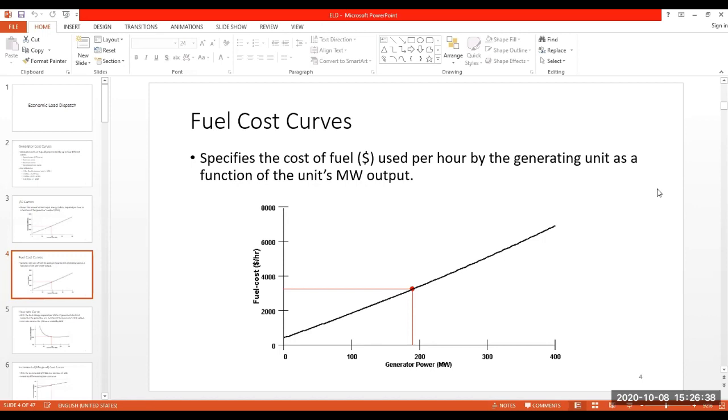So that means if you have hydro units in your economic load dispatch problem, you can't simply follow the same process. There should be different mathematical expressions to represent the economic load dispatch problem associated with hydropower plants.